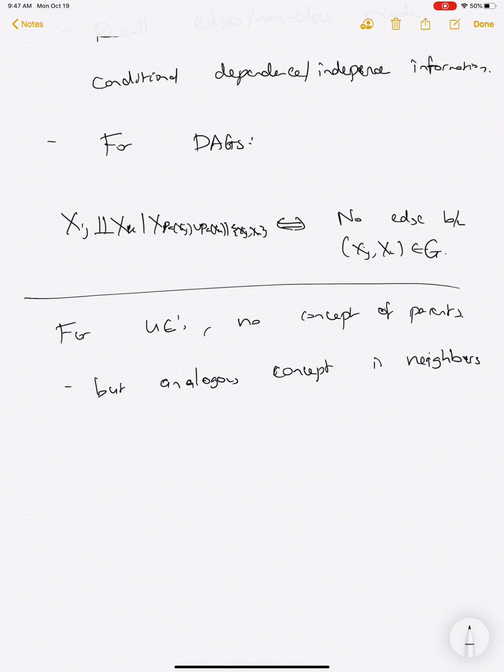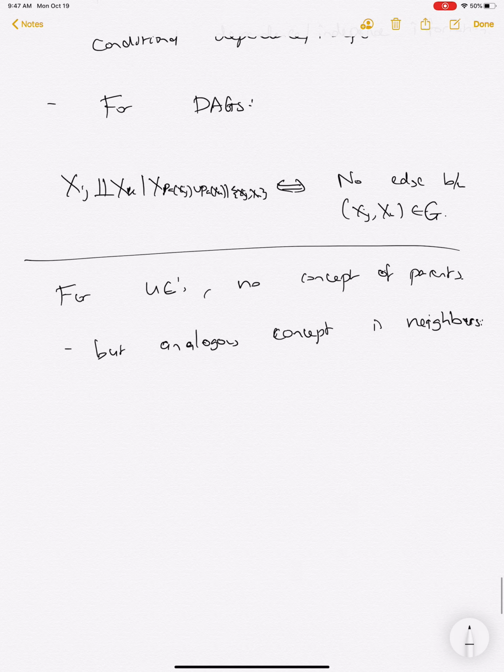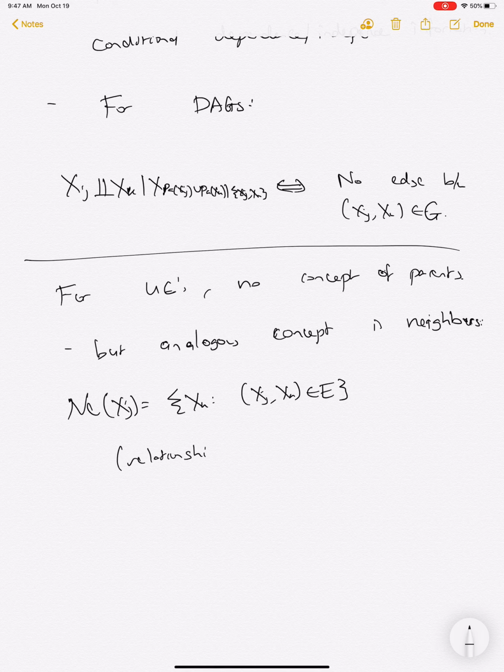We use the term neighbors because they're kind of equal. So if xj is a neighbor of xk, then xk is also a neighbor of xj. So we're going to say the neighborhood set of xj is equal to the xk such that the edge (xj, xk) is in E. And this relationship is reciprocal.